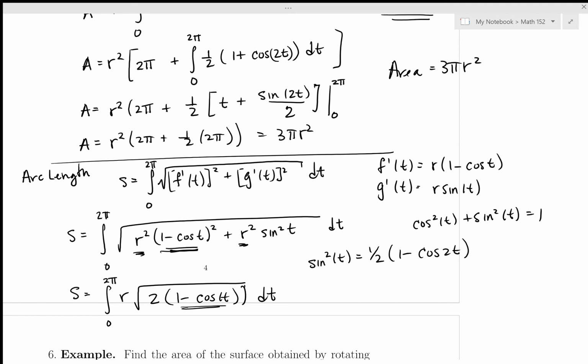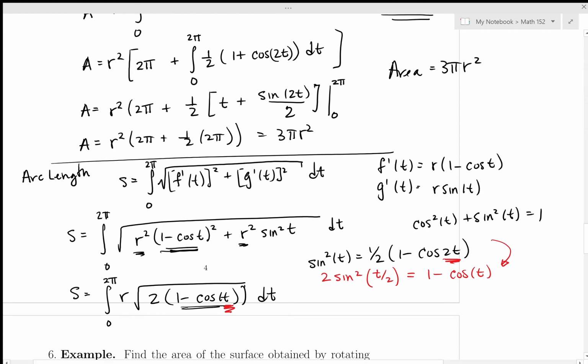I'm being careful. I'm observing that I've got cos 2t here, but I've only got cos t here. So I'm going to write it like this: 2 sine squared t by 2 is equal to 1 minus cos t, just substituting t by 2 for t.